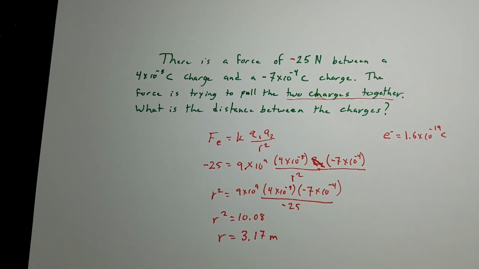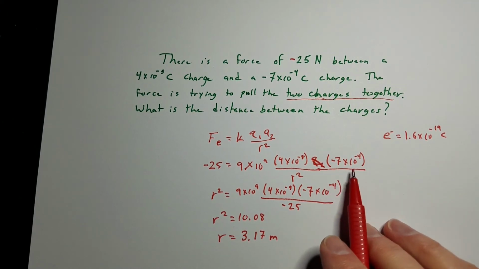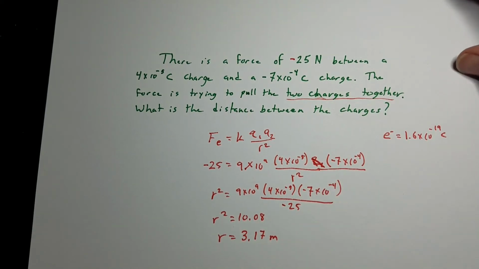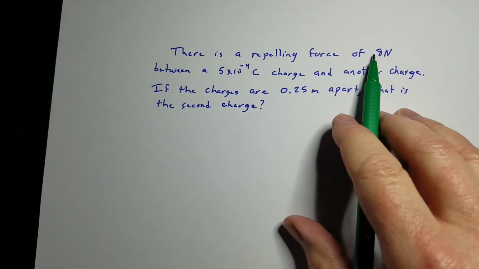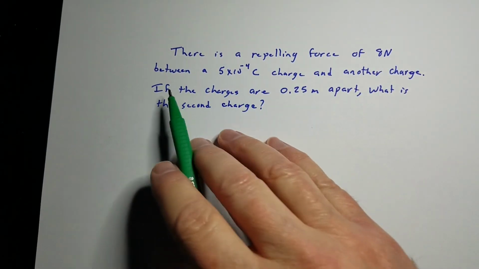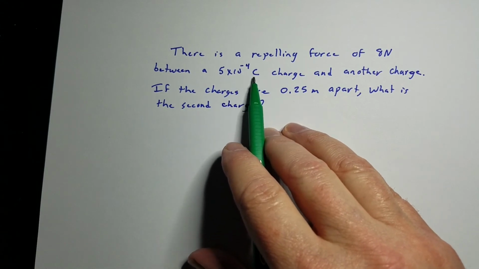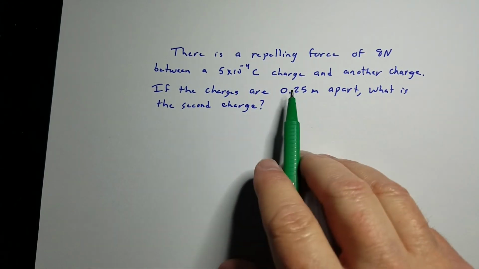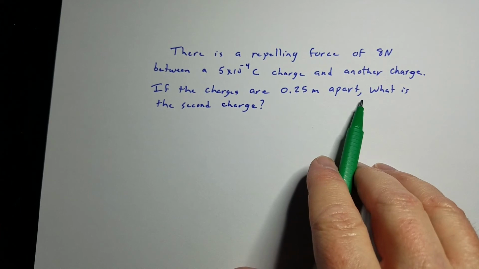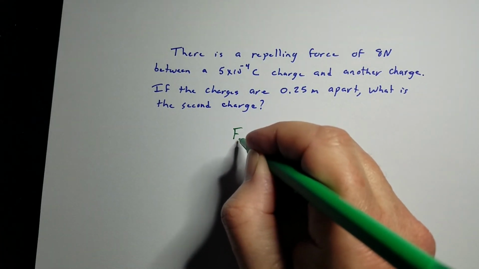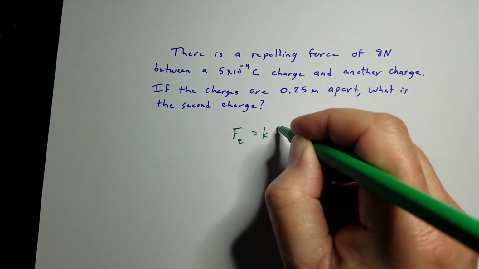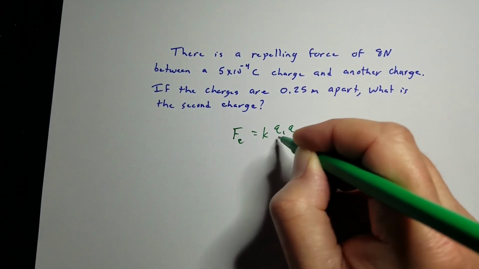Let's do one more example where we actually do find the other charge like I was going to try on this one. Okay, we got a repelling force, so that means the force is going to be positive, so we're just going to leave it positive 8, between a 5 times 10 to the negative 4 coulomb charge and another charge that are 0.25 meters apart. And we want to know what the second charge is. So again, start off with Coulomb's Law, kQ1Q2 over R squared.